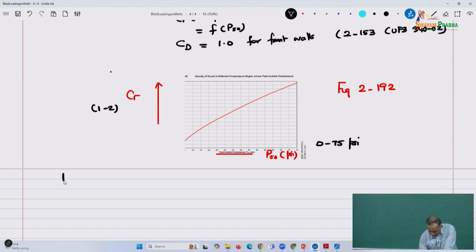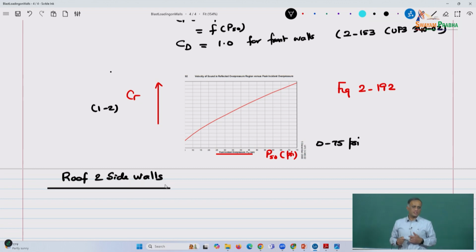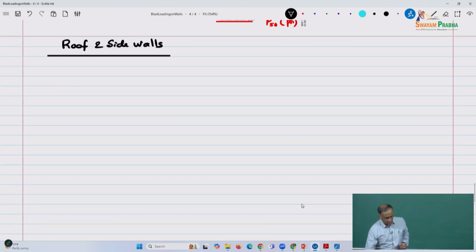Then we look at the roof and side walls. The procedures are similar, with a slight difference in how you would interpret them.